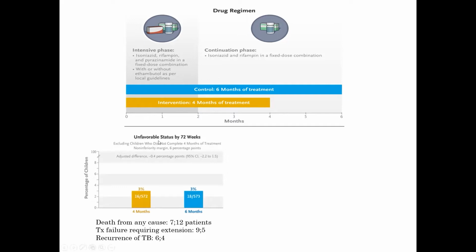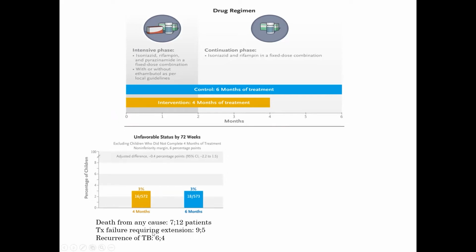And then their unfavorable status at 72 weeks was exactly the same for the two groups, at 3%. The things that they looked at were death from any cause. And you can see here, we've got 7 out of the 4-month group, and 12 patients from the 6-month group had death.